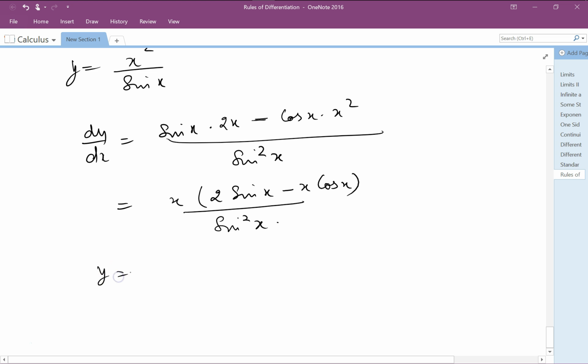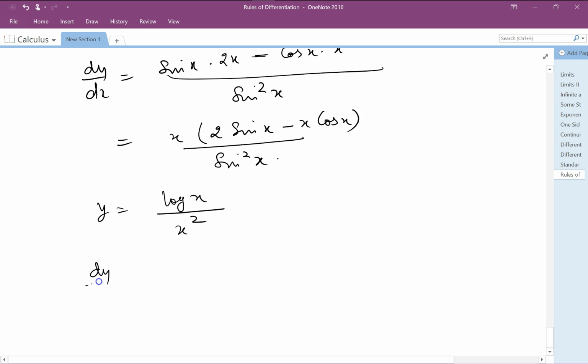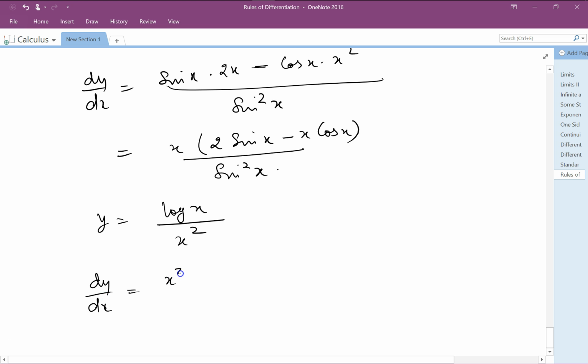Let's do one more. Let's say it is log x divided by x square. Okay. dy by dx would be what? Denominator times the derivative of the numerator, which is 1 by x, minus the derivative of the denominator, 2x, times log x as it is, divided by x square the whole square.